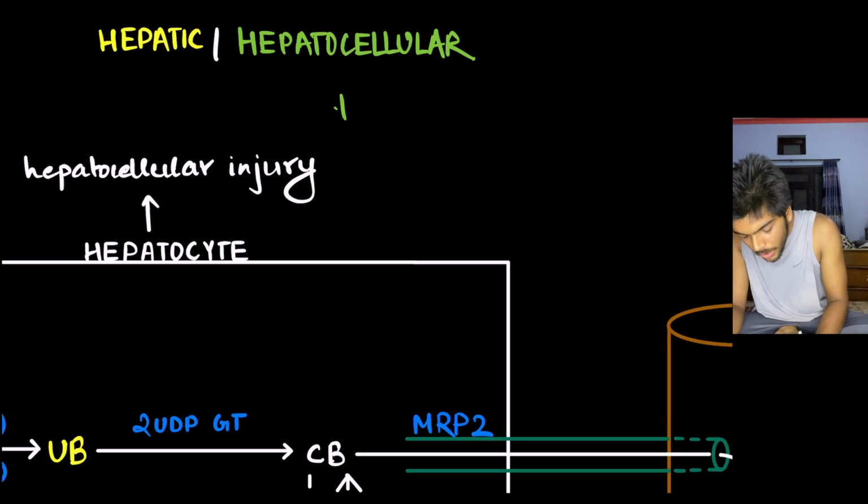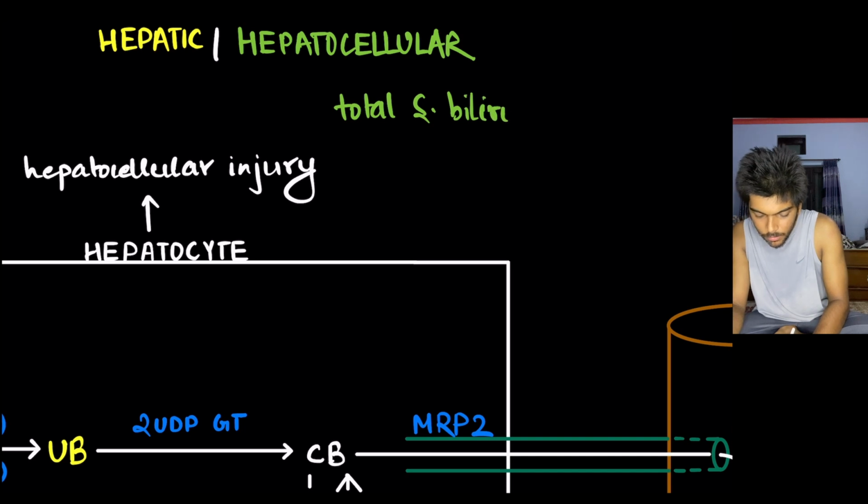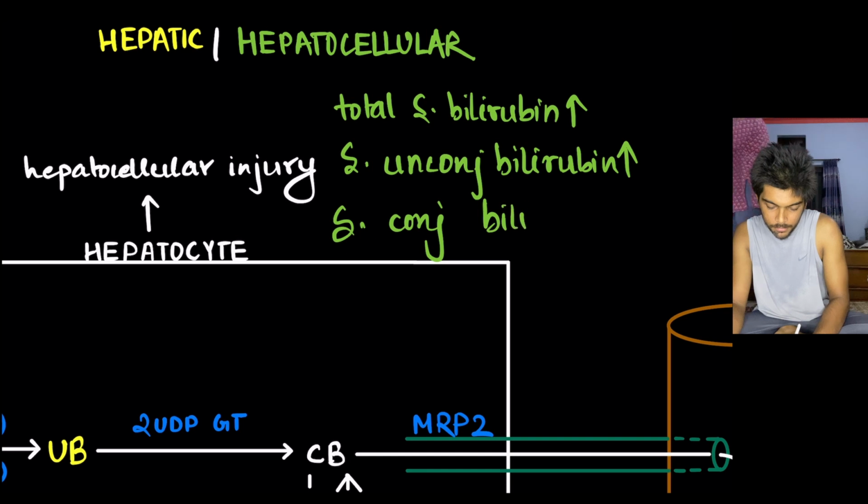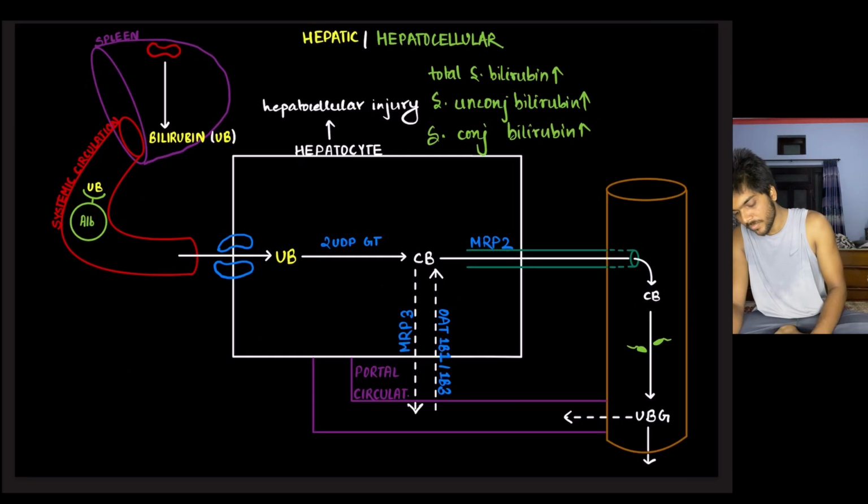So there is total serum bilirubin. There is a rise. Serum unconjugated bilirubin. Also there is a rise. Serum conjugated bilirubin. Also there is a rise.